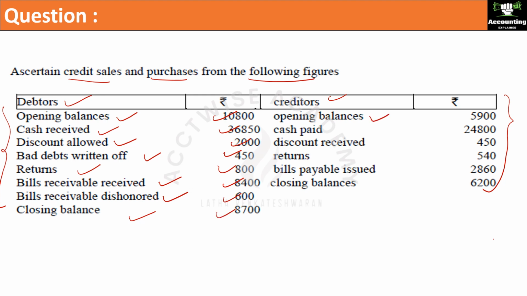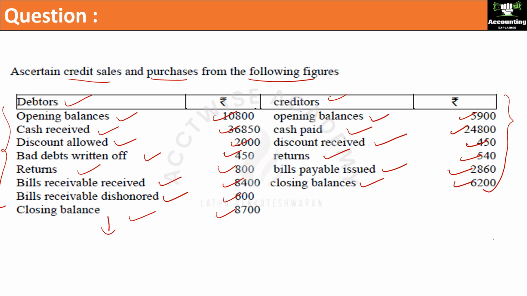Opening balance of creditors 5,900, cash paid to creditors 24,800, discount received 450, returns, that is purchase returns 540, bills payable issued 2,860, and closing balance of creditors 6,200.